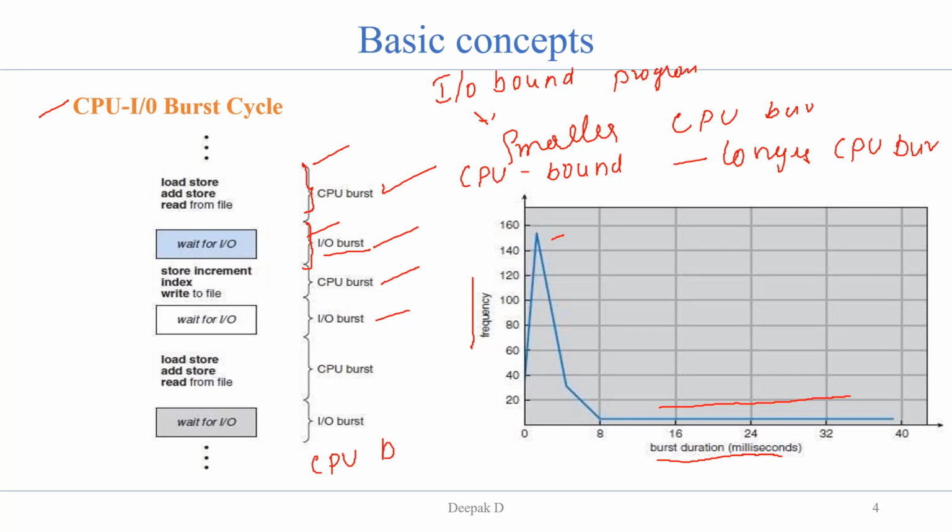You can see this in the diagram, which is a histogram of CPU burst duration. The maximum number of bursts have a duration below 8 milliseconds, and a smaller number have longer CPU bursts.